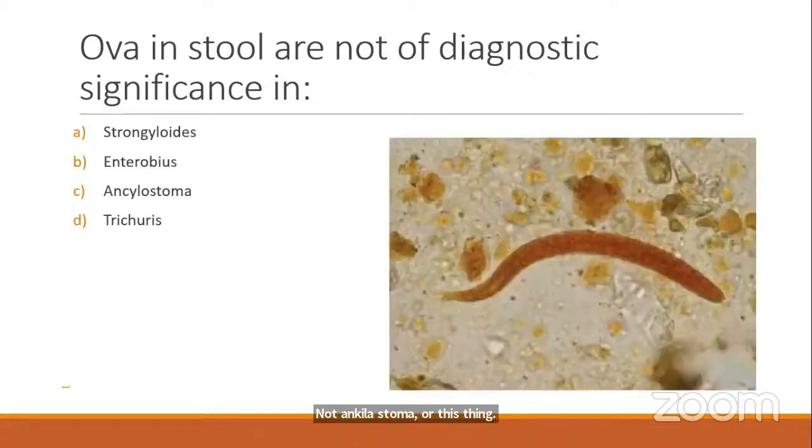Strongyloides. In Strongyloides, this parasite is actually ovoviviparous. So whenever the egg is passed into the stool, it will immediately hatch out to become the rhabditiform larva. You can see the stool sample with the rhabditiform larva in it. Okay, so this is a pathogen wherein you cannot always see ova in the stool, so it cannot be diagnostic.